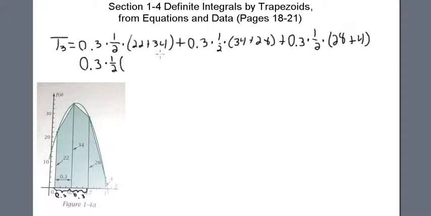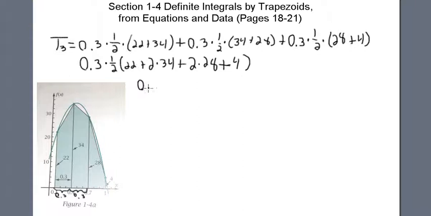Now, what's left? We have 22, but we have just one of them. We have two 34s, 2 times 34, plus two 28s, 2 times 28, and just one 4. Now, I'm going to factor this half back in there to get rid of these 2's.